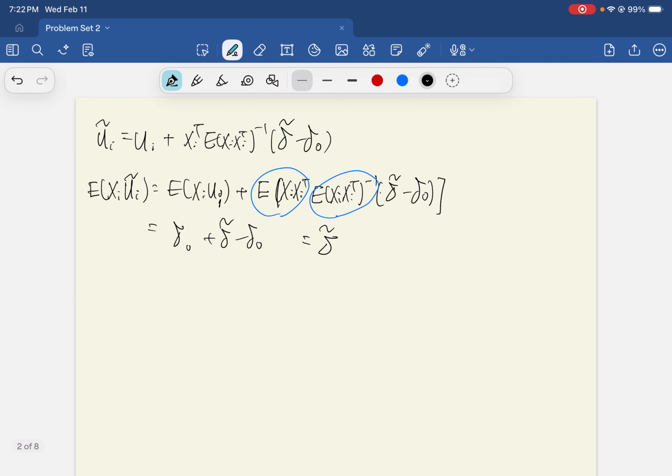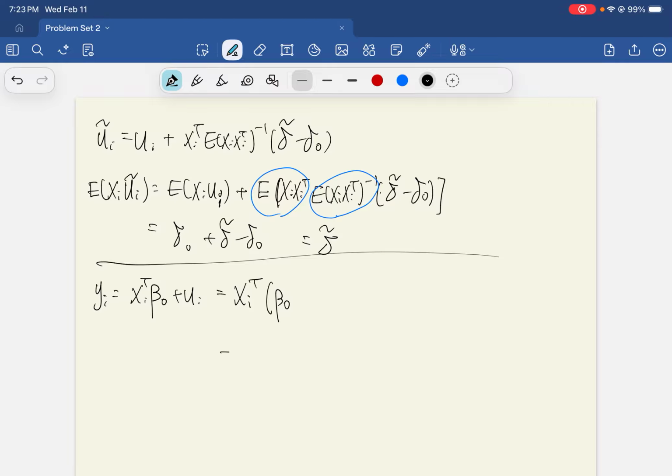Let's start from the original form. This is the original true parameter: y_i = x_i transpose beta 0 plus u_i.